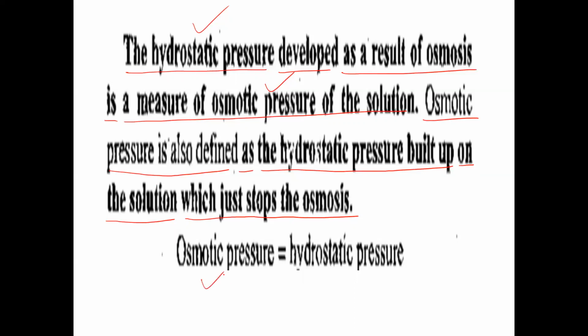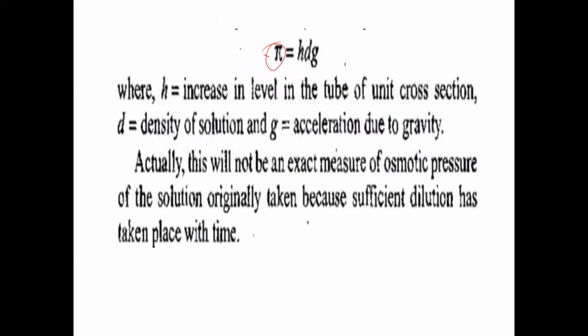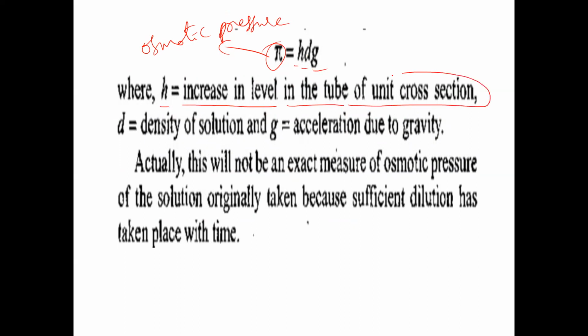So the osmotic pressure π is equal to hdg, where h is the increase in level in the tube of unit cross section, meaning the cross section is the same from bottom to top. d is the density of the solution, and g is the acceleration due to gravity.